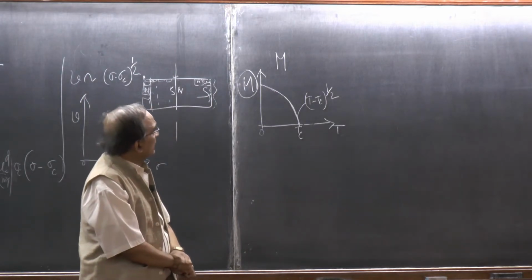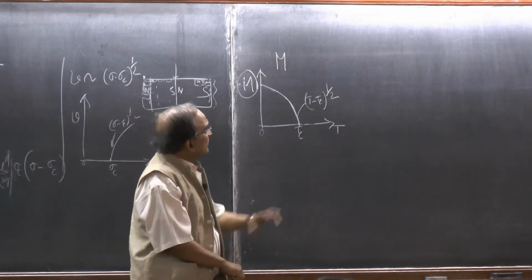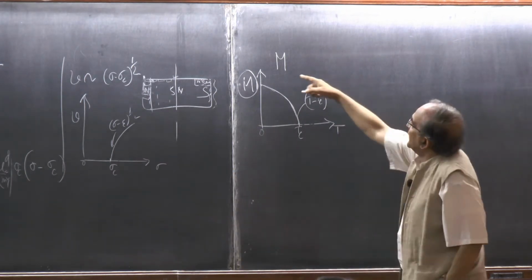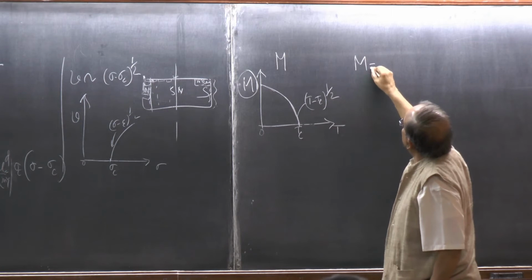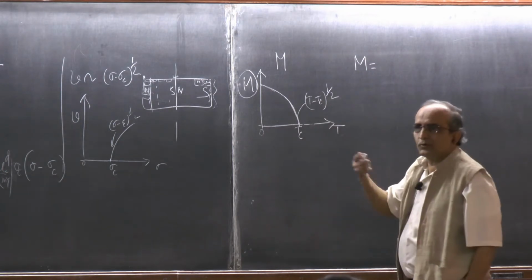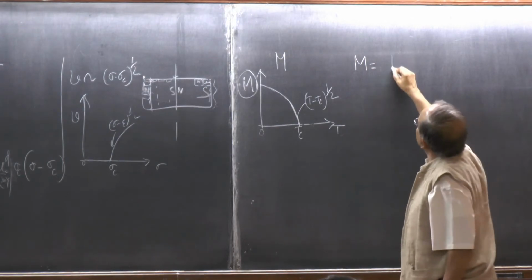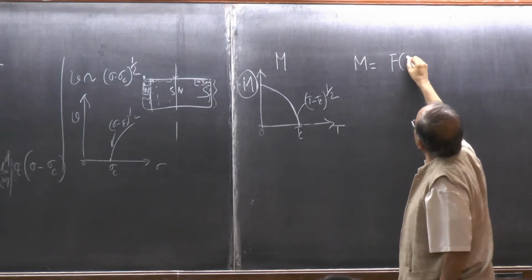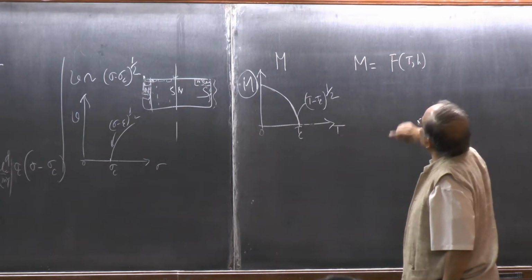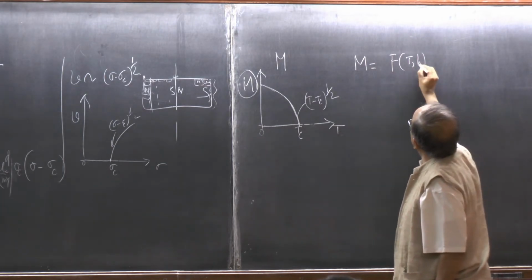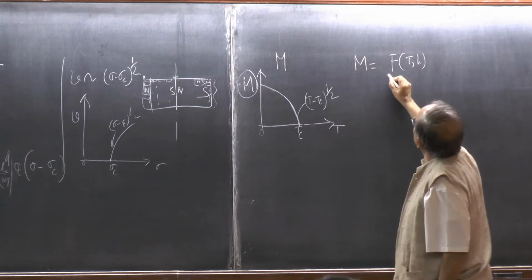Since then, you can easily see that if M, the magnetization, is, if you think of a thermodynamic system, it has a free energy which is a function of temperature and magnetic field. This is spontaneous magnetization, so I will have the magnetic field 0.